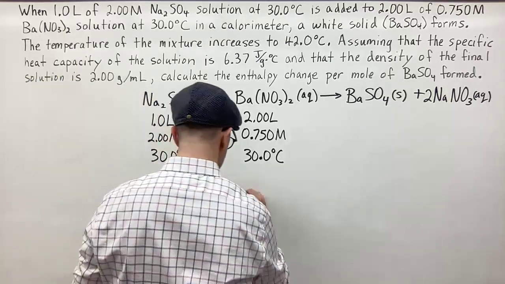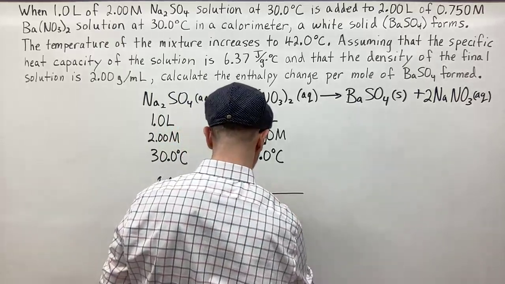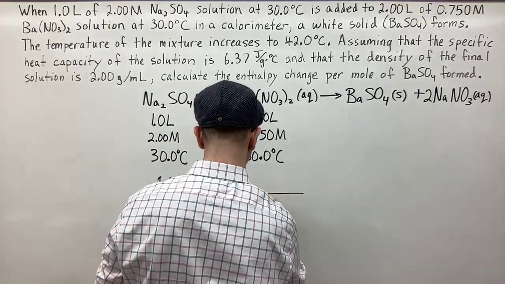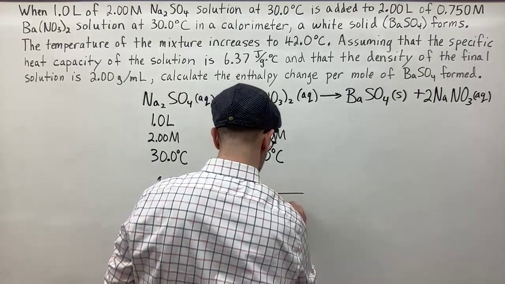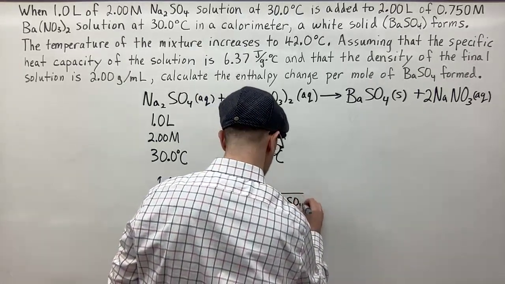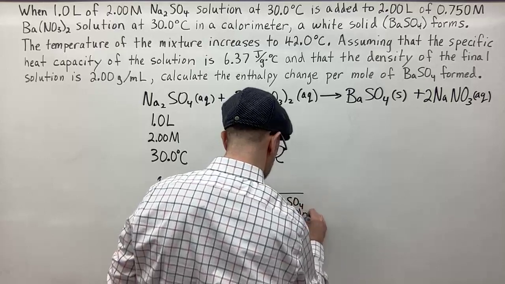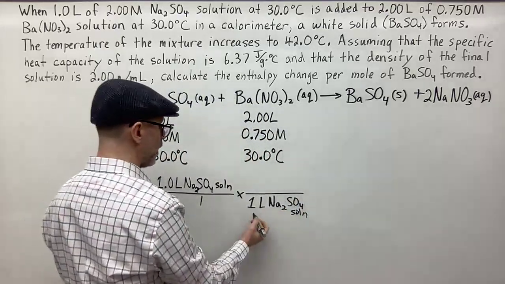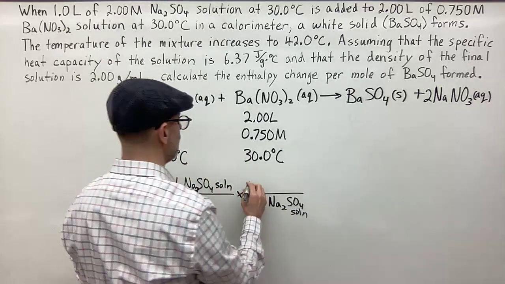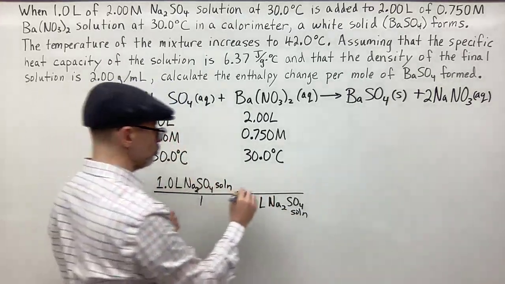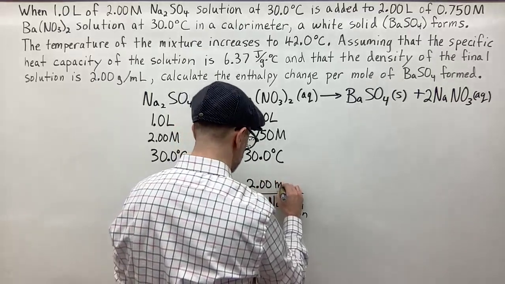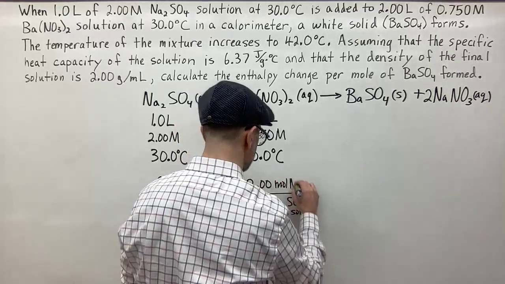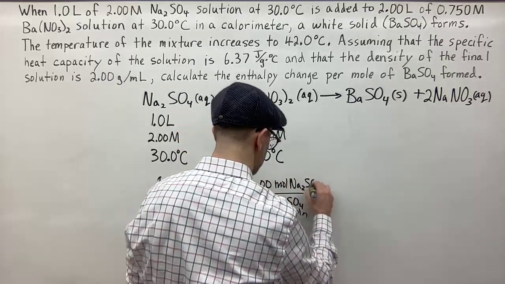So I can put 1 liter of the Na2SO4 solution on the bottom to cancel out with here. And then I'm going to put the moles, that's 2.00 moles of the sodium sulfate.